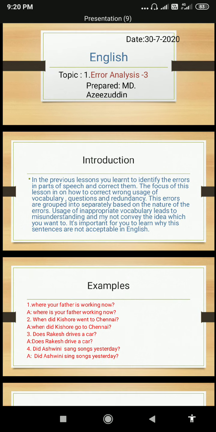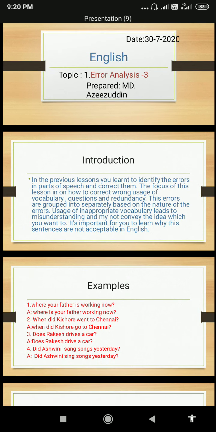So up to here what we have discussed is, whenever you use sentences, you should use suitable vocabulary, then only it gives proper sense.